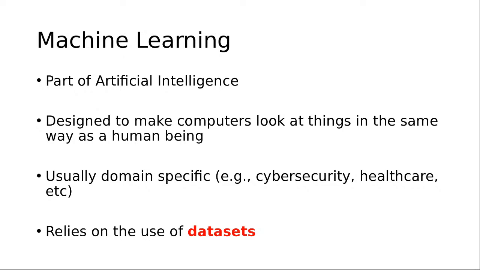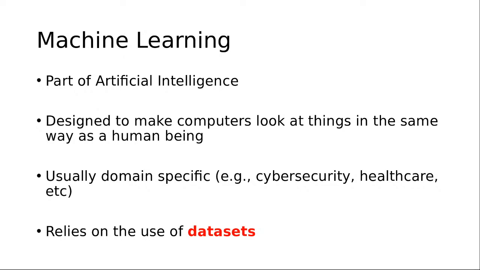When we talk about machine learning, it tends to be what is called domain specific. Machine learning tends to be focused towards a particular domain. For example, if we want to create a machine learning model for analyzing cricket scores, then we need to provide our model with data sets of cricket scores, and so on and so forth.